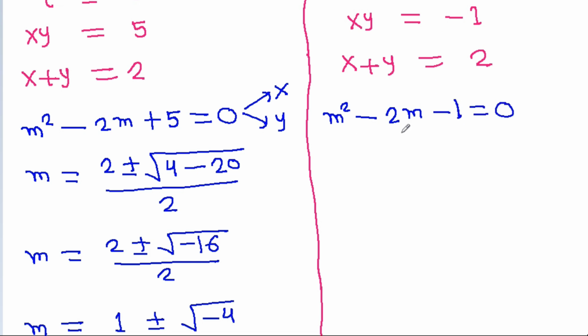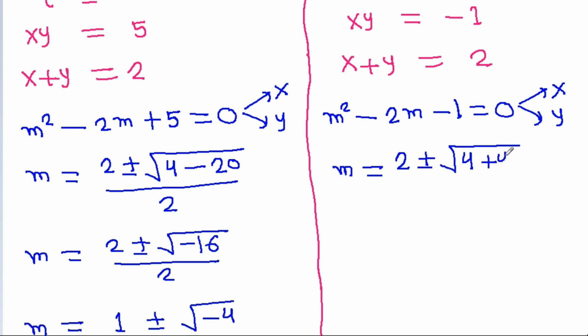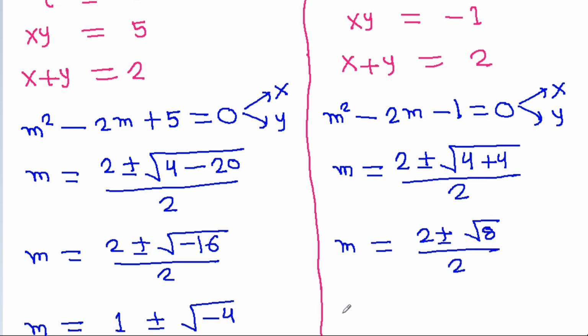The roots of this quadratic equation will be x and y, and here also m will be equal to minus b, that is 2, plus minus square root of b square, that will be 4, minus 4ac, that will be plus 4, by 2, and m is equal to 2 plus minus square root of 8 by 2, and if we divide by 2, then we will get 1 plus minus square root of 2.